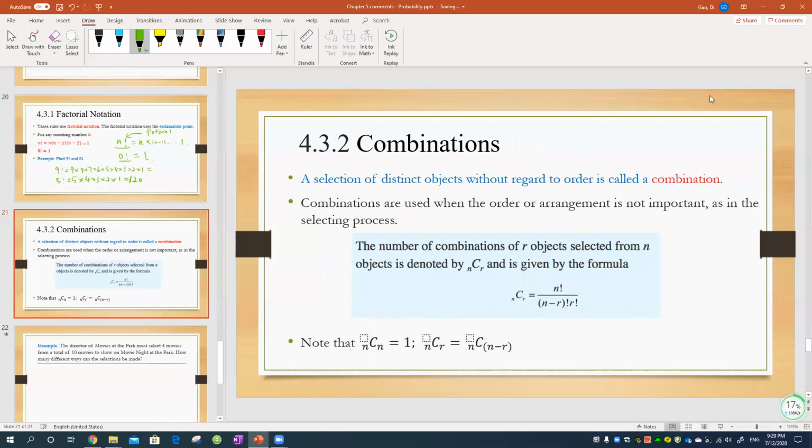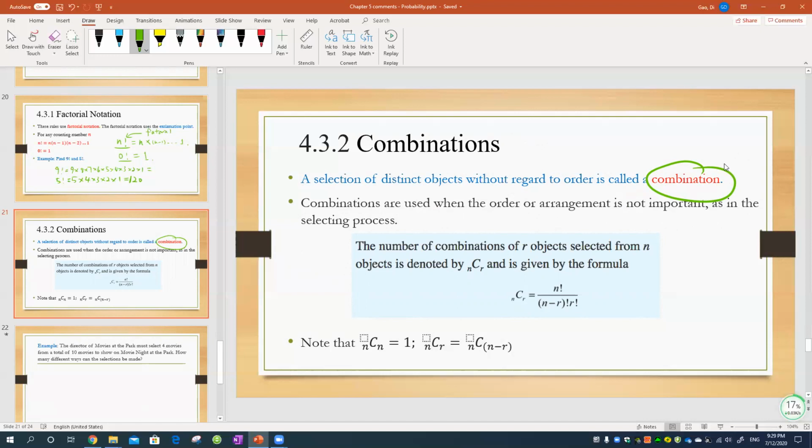Then let's look at combinations. A selection of distinct objects without regard to the order is called a combination. For example, we have 5 little balls in a bowl, always of different colors, and we want to see how many ways we can select three balls from that bowl.